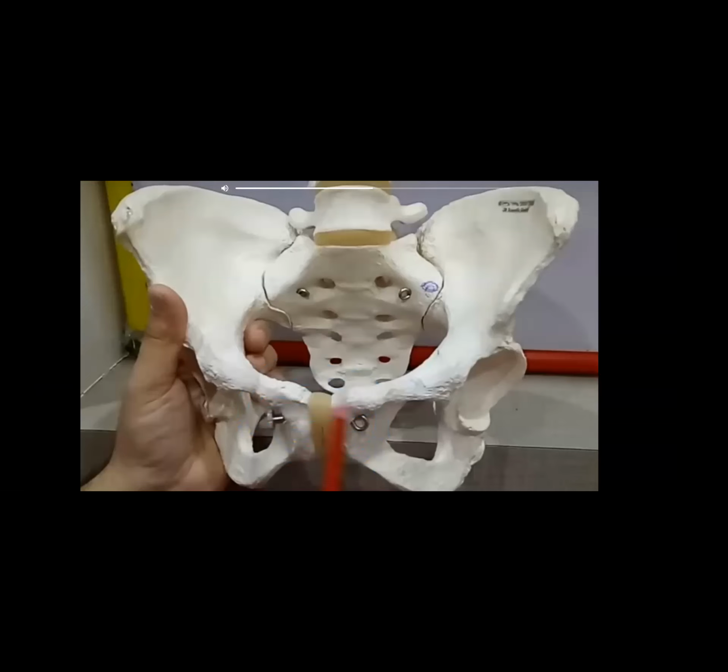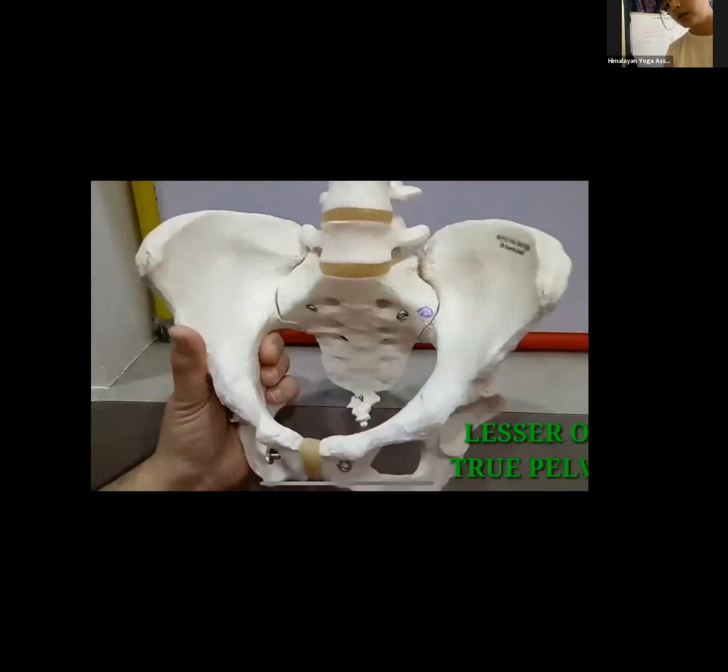This structure is called pubis. Maybe this one is even better. This area is pubis. This pubic bone here, and this, is the pubic bone.